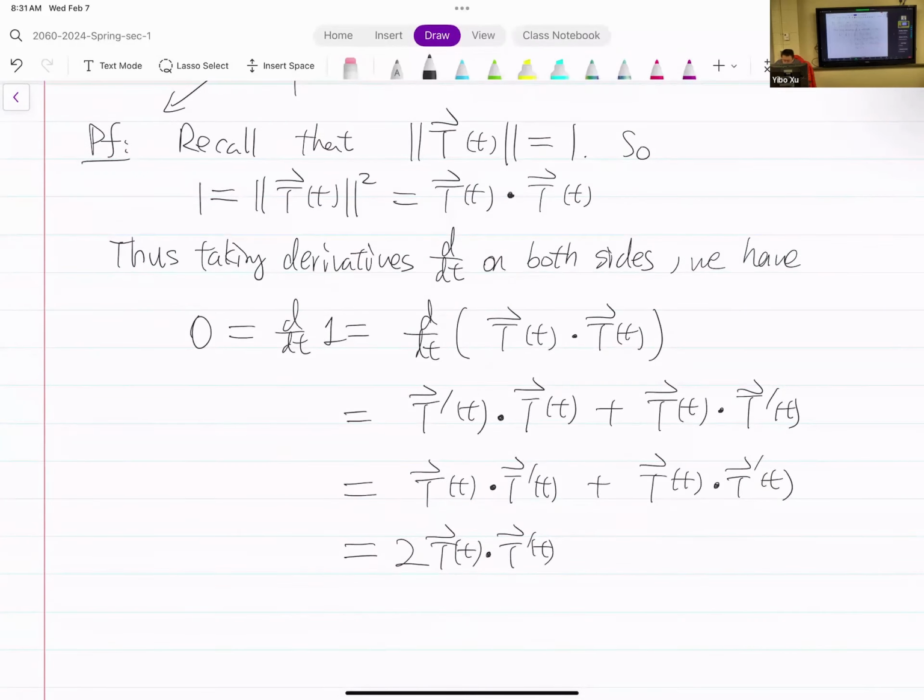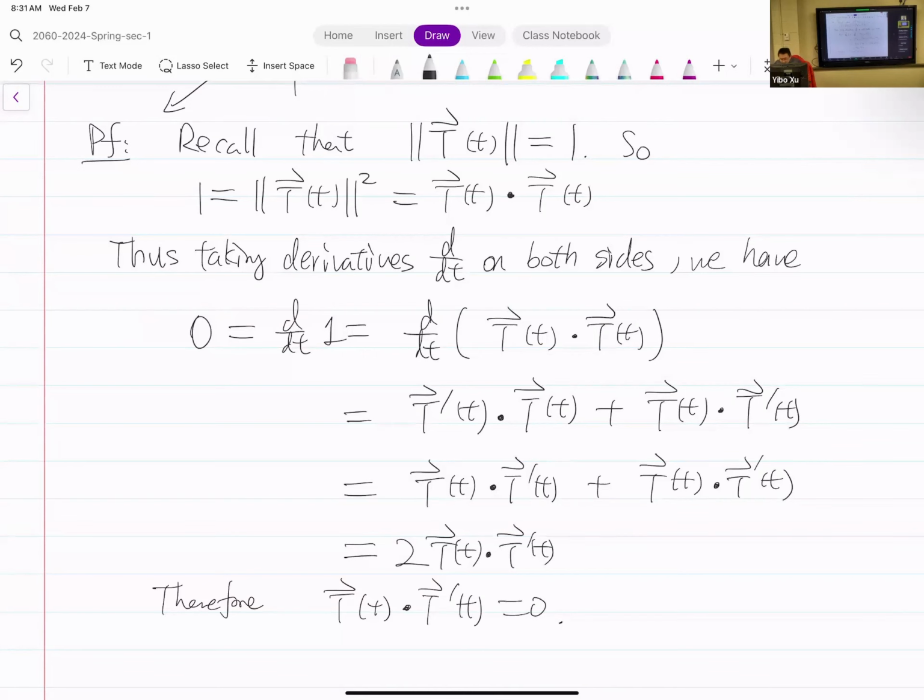On the most left end, that's 0. On the right hand side, we now have what we want. Therefore, dividing both sides by 2, we get T dotted with its rate of change, T prime, is 0.